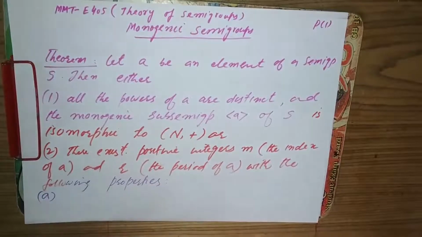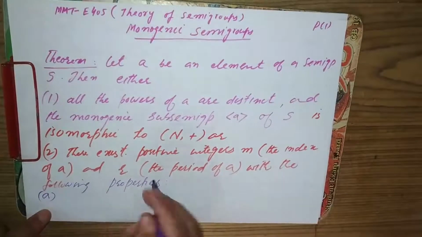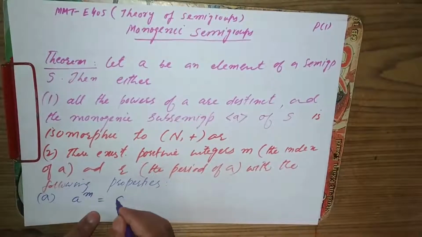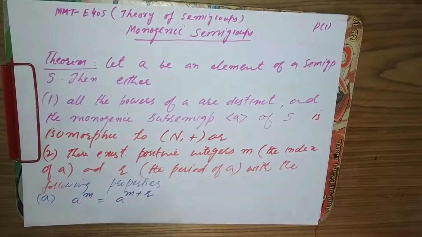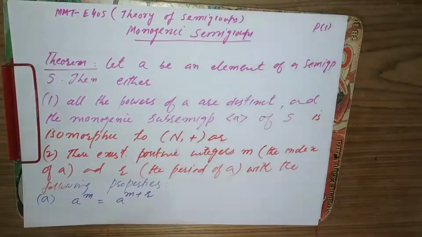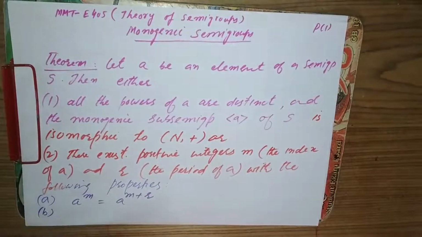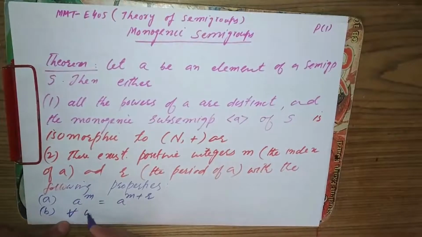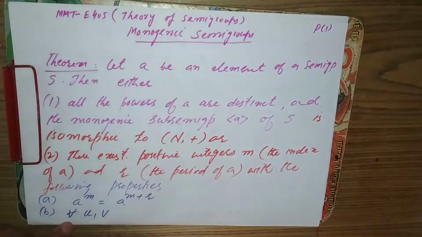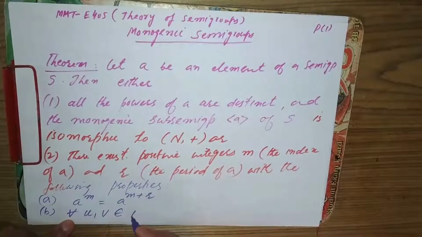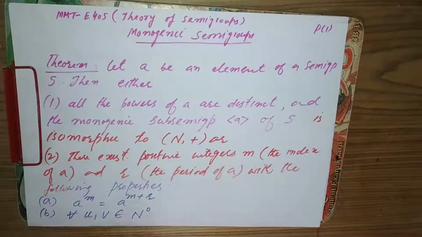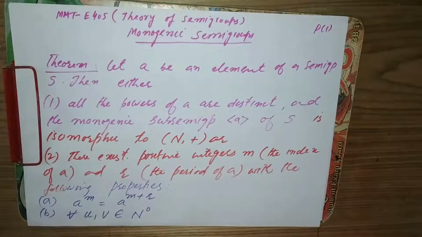First property is m and r satisfy the following property: a power m is equal to a power m plus r. And second property is for all u, v in N0, N0 means the natural numbers together with 0, so it's a set of whole numbers 0, 1, 2, and so on.